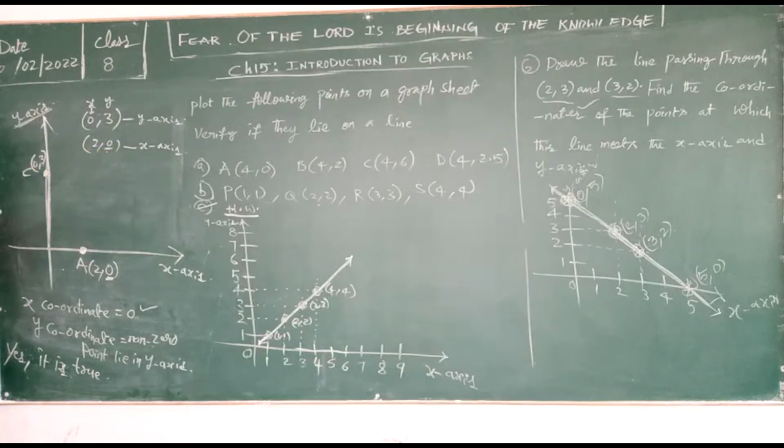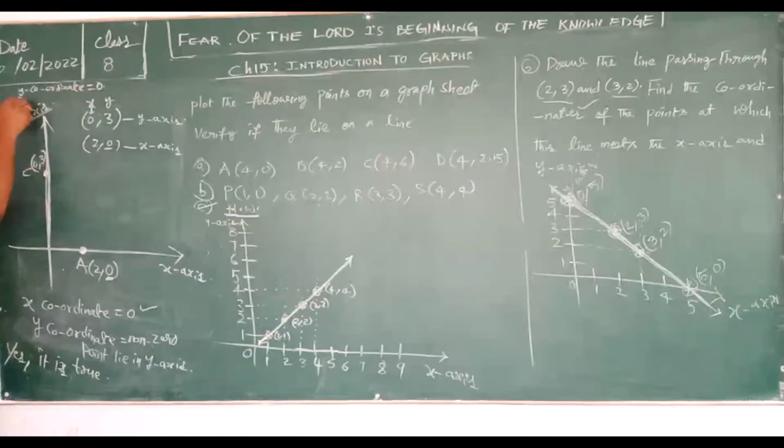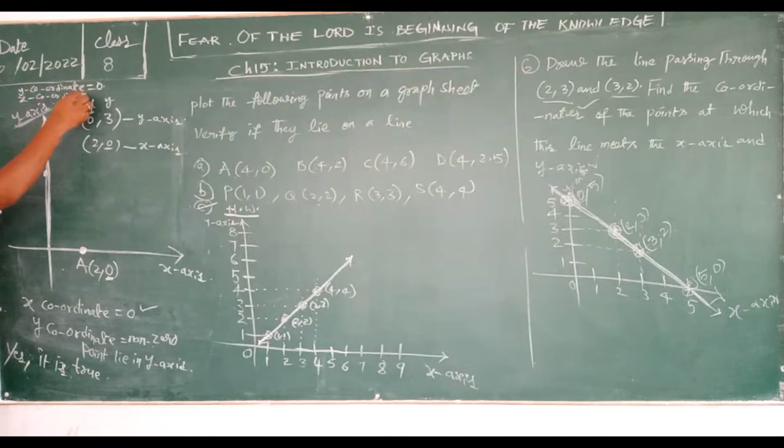Second one, a point whose y coordinate is 0 and x coordinate is 5 will lie on y axis. So they said y coordinate is 0. Then x coordinate, what is given? 5 is given.